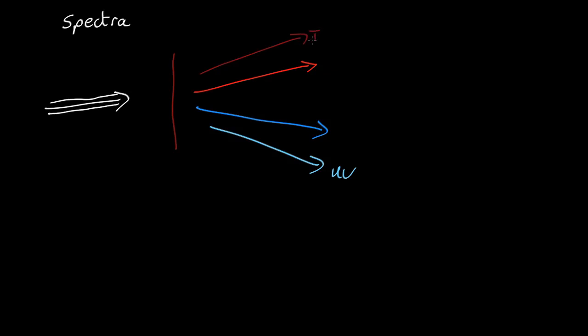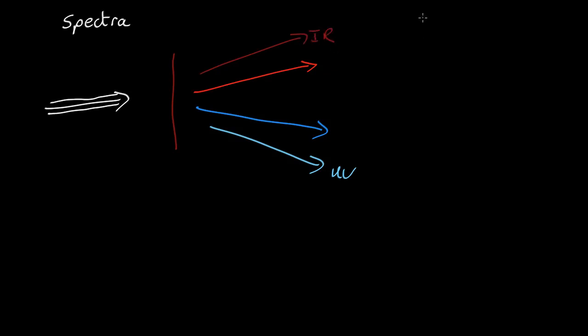And it will send long wavelength light, like red light, one way, and short wavelength light, like blue light, in the other way, and for that matter ultraviolet down here, and infrared up there.